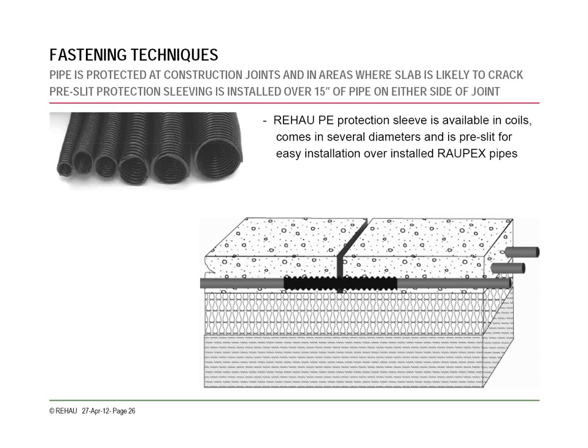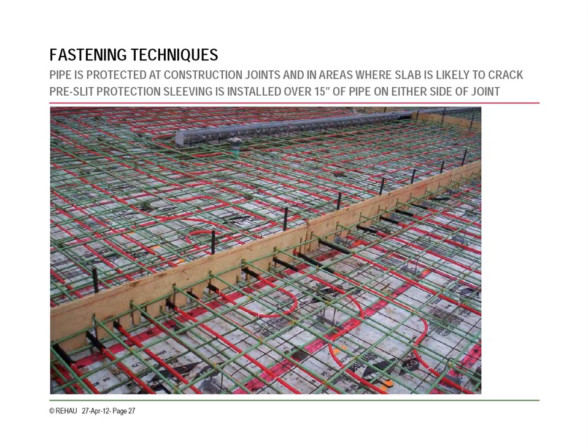So it's just an extra measure to help the pipe stay resilient. When it's lasting 30 plus years, you want to take any precaution to keep it that way. Here's a nice example. You can see they're going to be pouring one side first, so they've got the little protection sleeves on there.